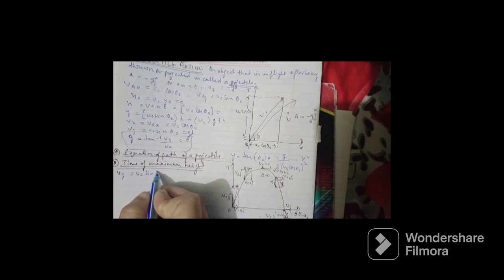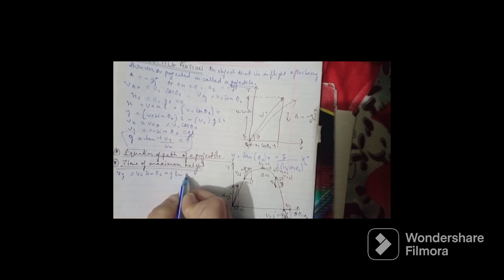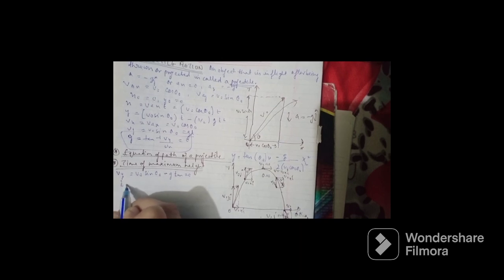Let this time be denoted by Tm, where at the highest point vy equals 0. From this equation, vy equals v naught sine theta naught minus g Tm equals 0, where Tm equals v naught sine theta naught by g.